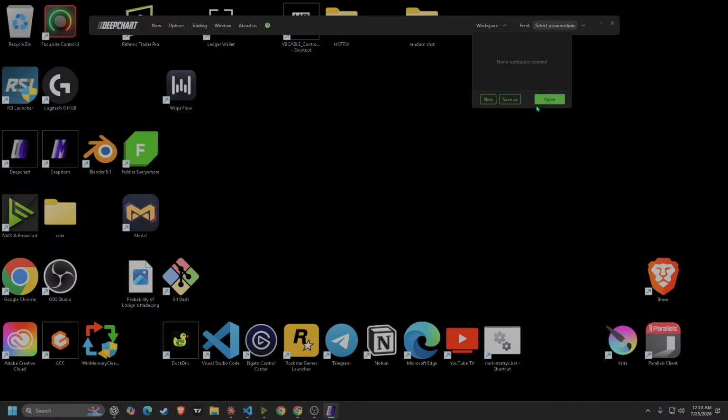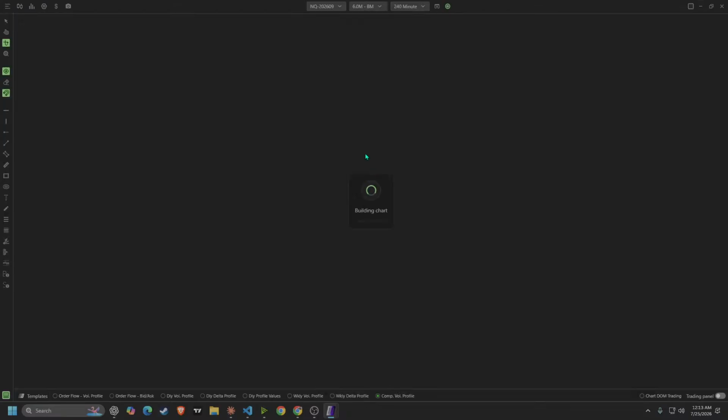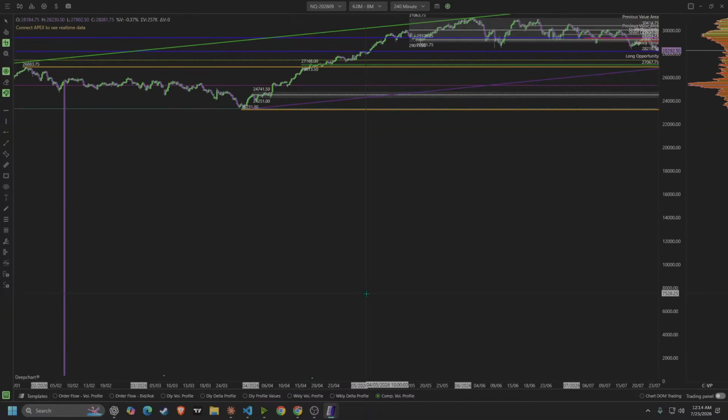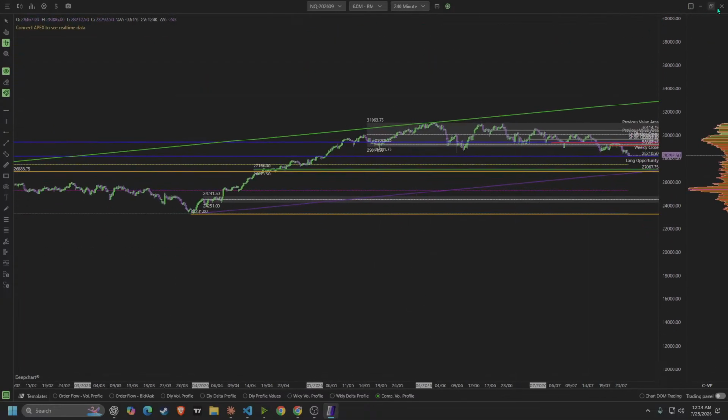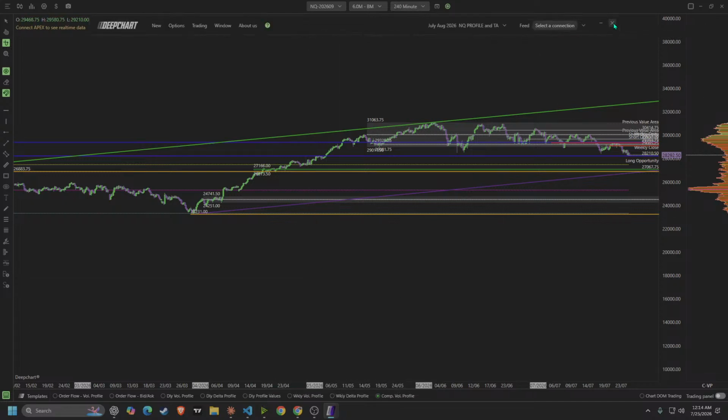And then open my workspace, and both of my charts come up after the memory loads it in again. So then everything's there, and I don't have to do the work again. A lot of times though, I'll erase it and redo the work because that's just how I do it.